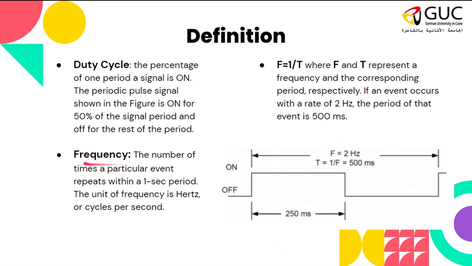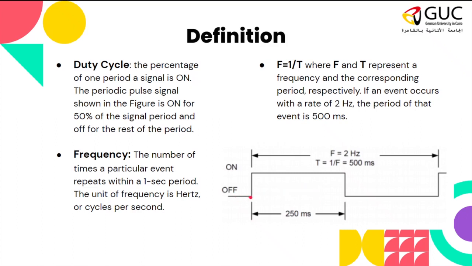Again, we are trying to understand the concept of the frequency. The frequency here represents the speed at which the duty cycles happen. The frequency is measured over 1 second. But in our example, we have the signal over half a second.